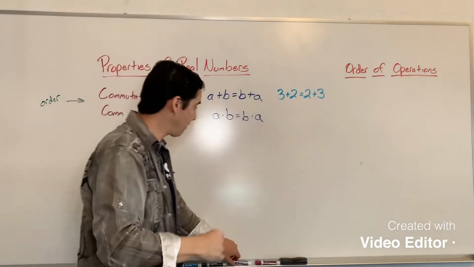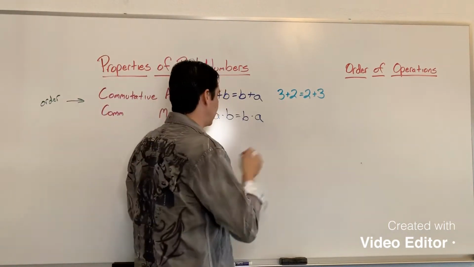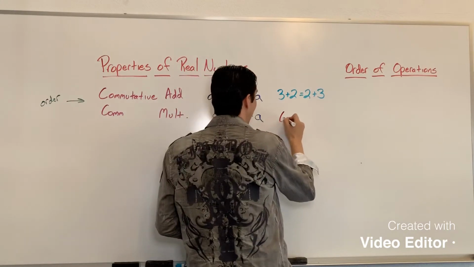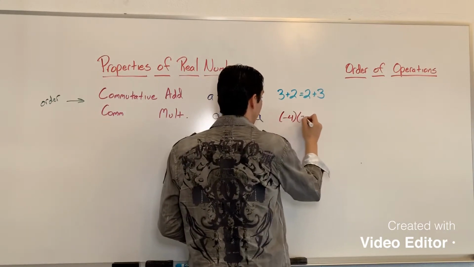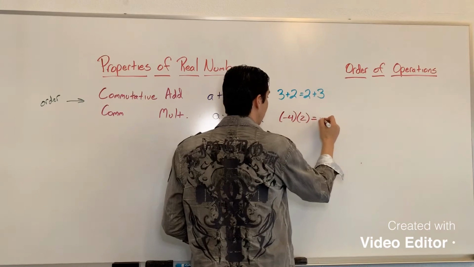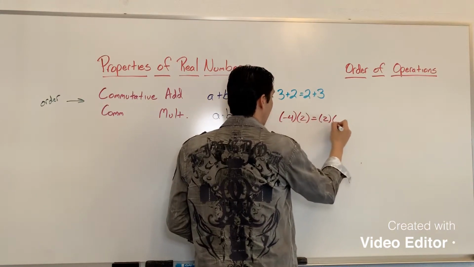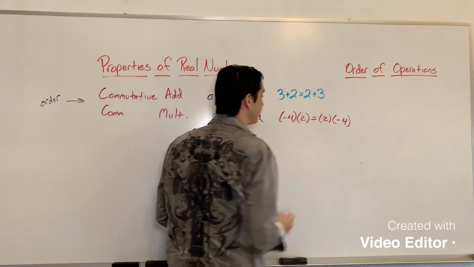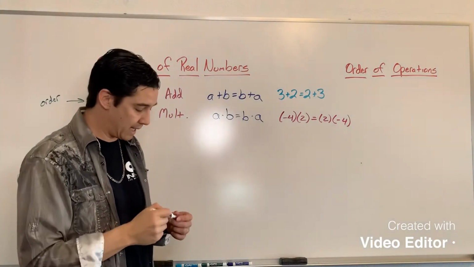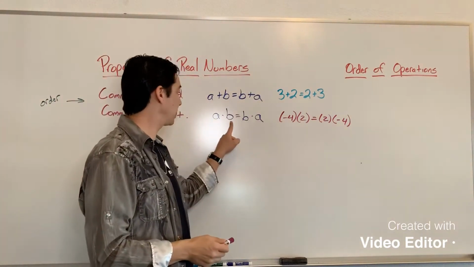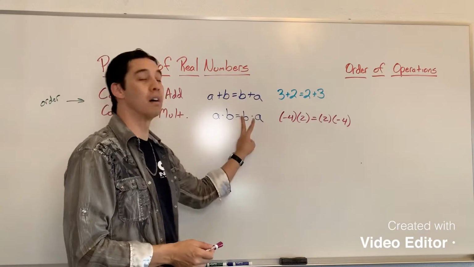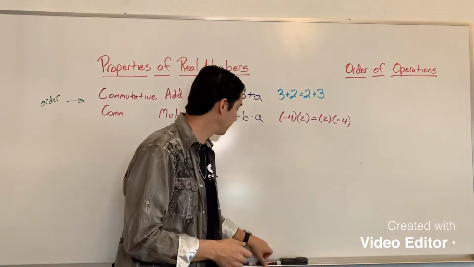And another real life example, it could be anything, but let's just say -4 times 2 is equal to 2 times -4. And any numbers could go in there. Any number times a number is equal to the reverse order. There you go.